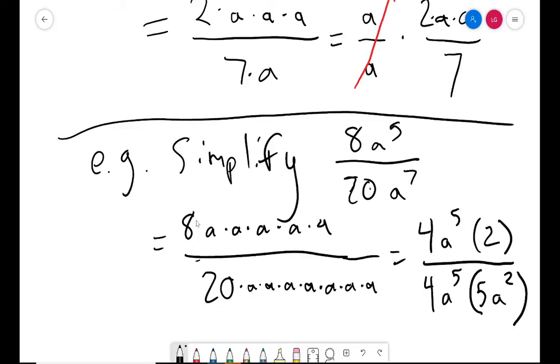But we're being very specific here. We're making a specific choice on top and bottom to factor in a particular way. And the way we're choosing is that we're looking for the largest amount that we can find in top and bottom, right?